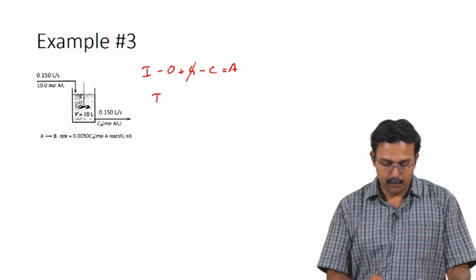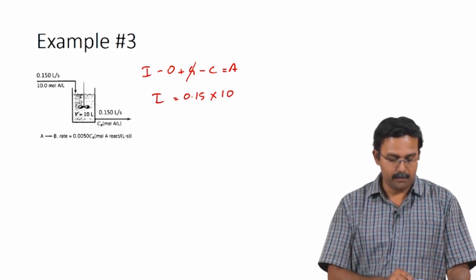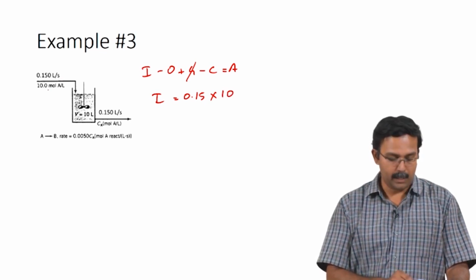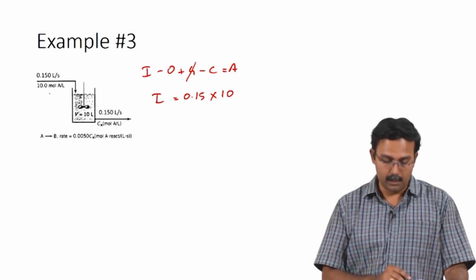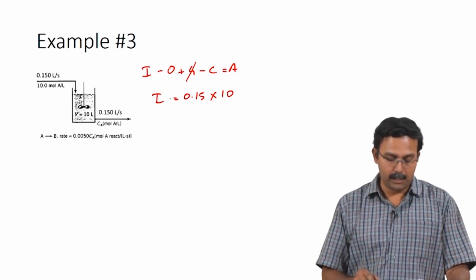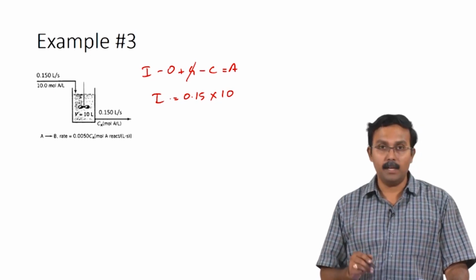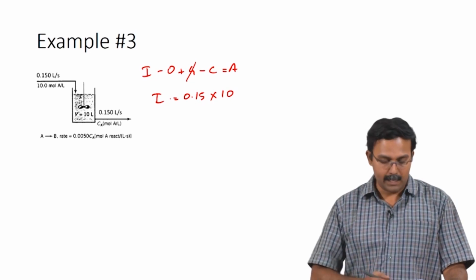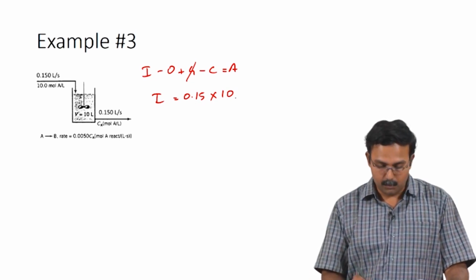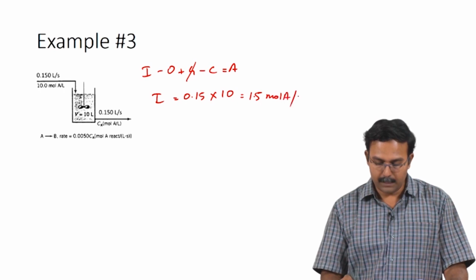So, the input term would be equal to 0.15 times 10, because 0.15 is the volumetric flow rate, and 10 is the concentration of A in terms of moles per liter. So, doing this multiplication, you would get moles of A per second, which is the molar flow rate of A entering into the system. So, this would become 1.5 moles of A per second.